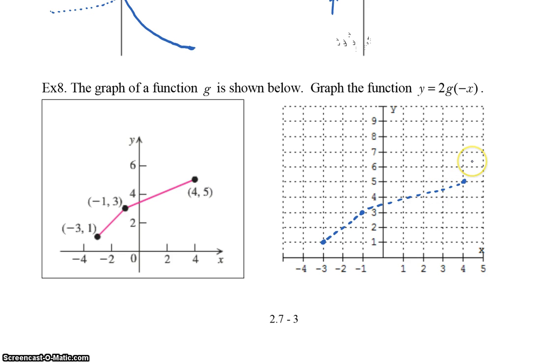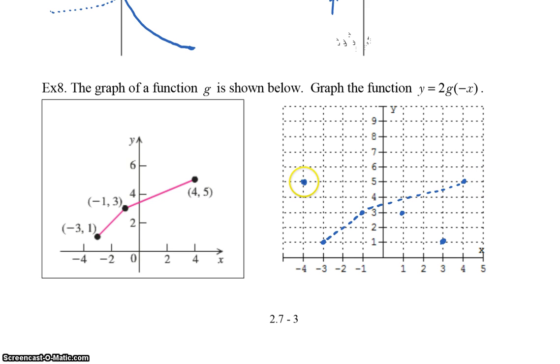Let's look at what the reflection would be across the y-axis. Negative 3, 1 would move to positive 3, 1, same distance across the y-axis. Negative 1, 3 would move to positive 1, 3, and finally positive 4, 5 would move to negative 4, 5.